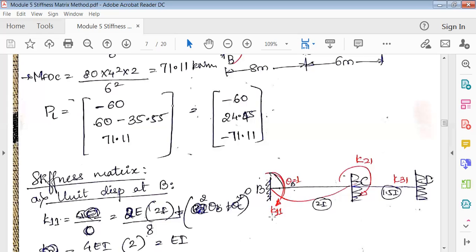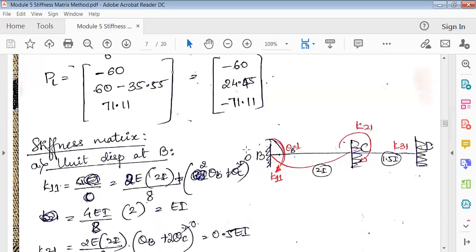The first number signifies the direction of that particular stiffness coefficient, K1, K2, K3. Then you have applied a unit rotation at B, that is at coordinate direction 1, so it is 1, 1, and 1.